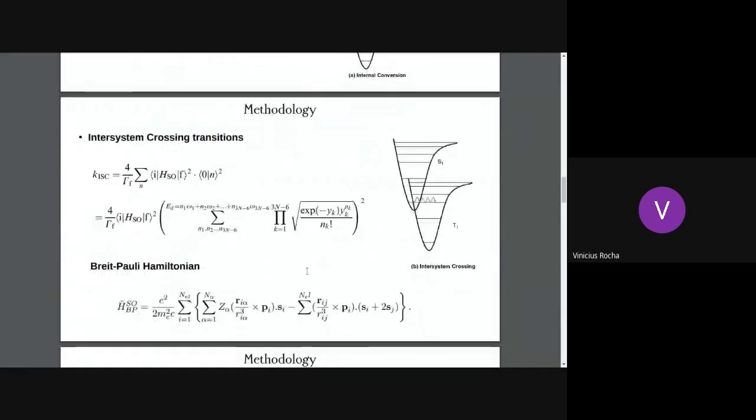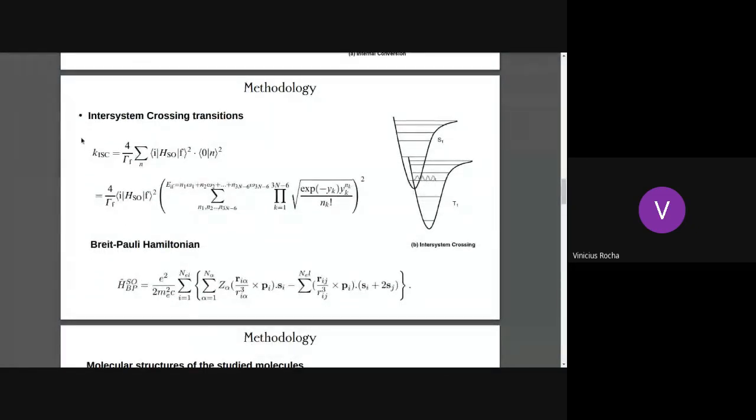So for the intersystem crossing transitions, we can write the rate like this. The spin-orbit coupling is the perturbation operator of the intersystem crossing process. The spin-orbit coupling matrix elements depend only on the space and spin coordinates of the electrons, but not the nuclear ones.